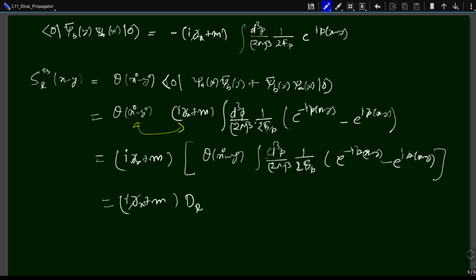And this is your retarded Green's function of the Klein-Gordon theory, this square bracket. Everywhere you could have written the a-b-th term. So I have my S_R of x minus y, without the a-b term, as i del x slash plus m times D_R of x minus y.